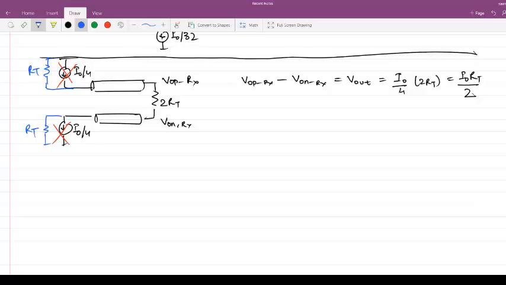Let's call this VOPTX and VONTX. The current is I0 by 4 going through it, and this is VDD transmitter. So I0 by 4 is equal to VDD transmitter divided by 4 RT.